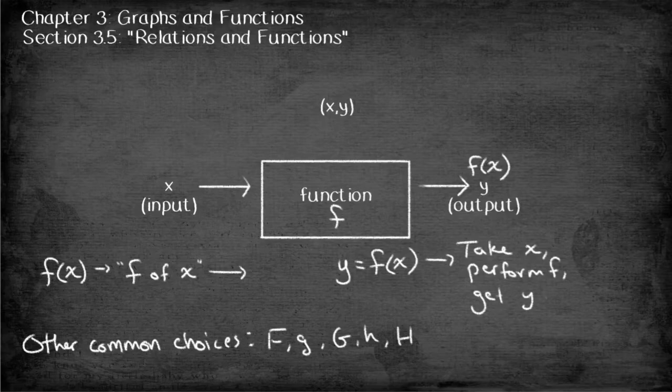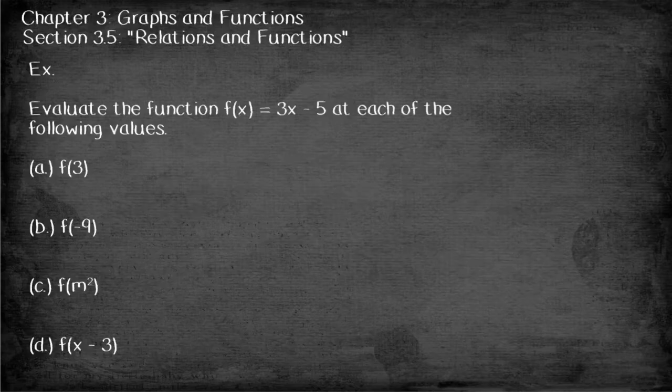So at this point, it probably seems like we're kind of massaging a lot of hot air. So let's look at what this is going to mean for us in a more practical sense. It's really a convenient way of denoting when we have a y value, what x value it comes from. So to evaluate a function means to replace the x in the function with an actual number.